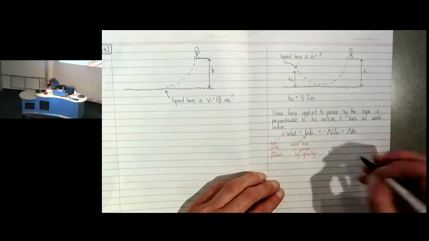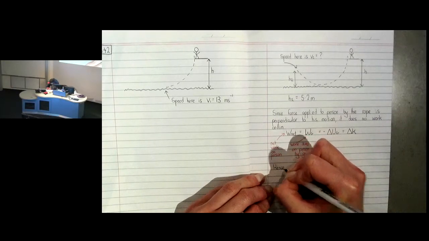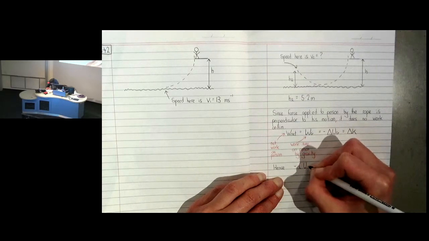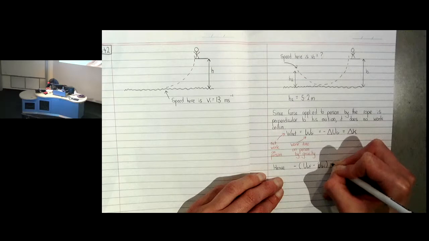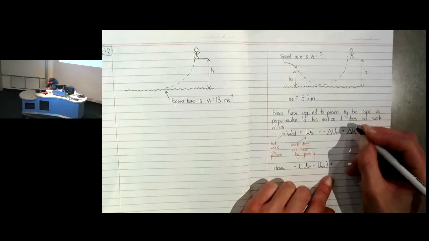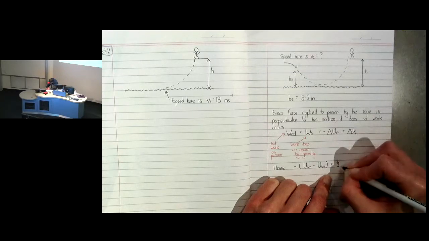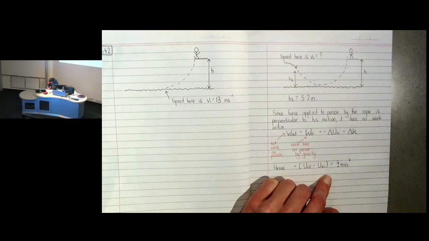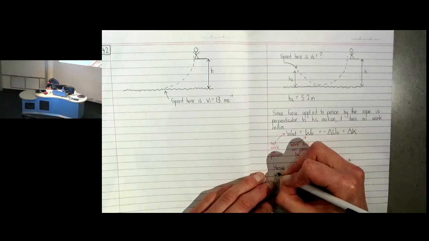So hence, minus the person's final gravitational potential energy minus his initial gravitational potential energy is equal to the change in his kinetic energy. So this is really just a half m v2 squared, where the mass of the person is m.